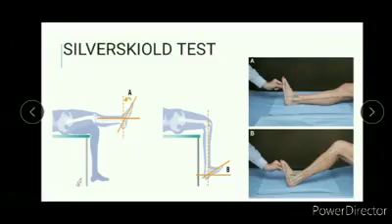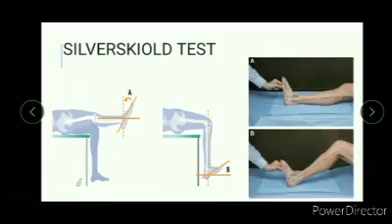The test which is used to differentiate the tightness of the gastrocnemius muscle from the tightness of the tendo Achilles muscle-tendon is the Silfverskiöld test. This is a very simple test where the therapist will check the range of passive dorsiflexion while maintaining the knee in full extension and with the knee in flexed position.